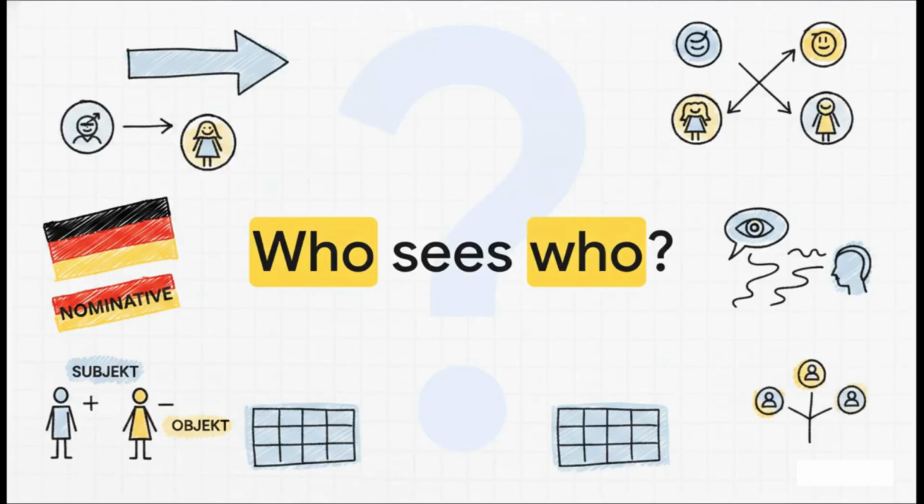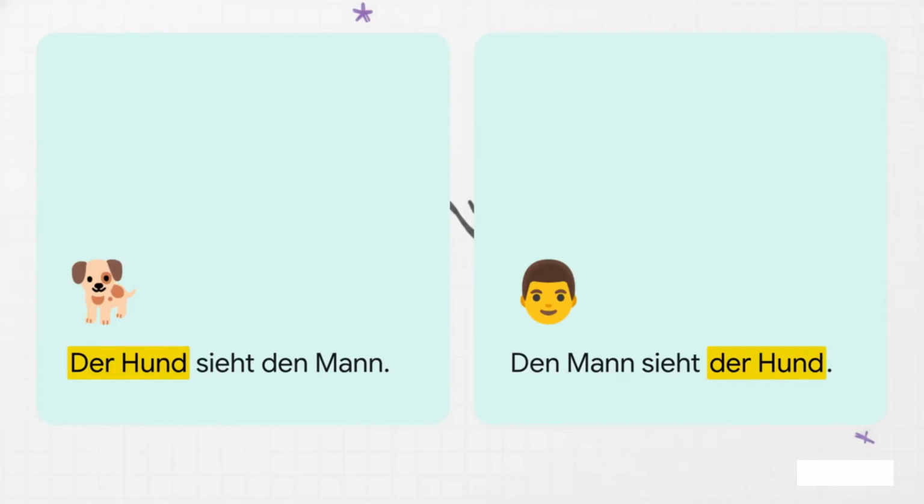So, let me ask you a question just to test your instincts here. If the word order completely changes in a German sentence, how can you possibly tell the difference between the one doing the seeing and the one being seen? Let's look at the evidence. And this brilliantly illustrates the absolute magic of the German language. Take a sentence like, der Hund sieht den Mann, and then compare it to, den Mann sieht der Hund.